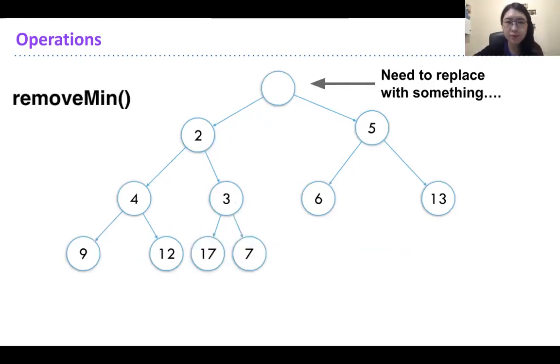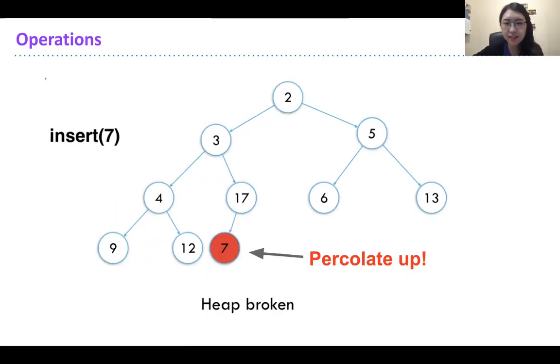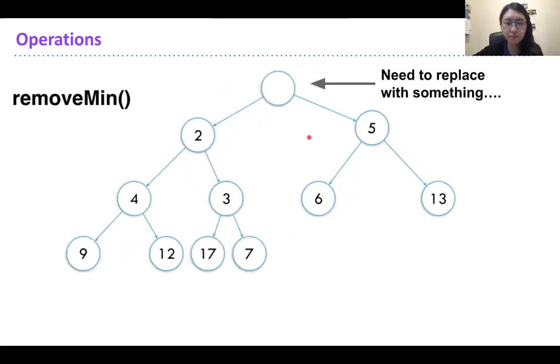Another operation is remove min. We previously had something like this, and then we call remove min on the root. So now this is empty. What we do is take the rightmost value, because that's the safest item to move. If we removed, say, this 2 or 5, things would be much more complicated, and we'd need to modify the entire heap.